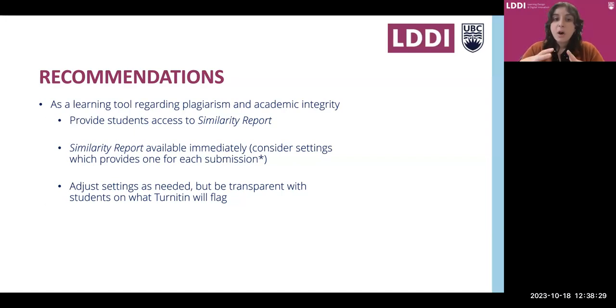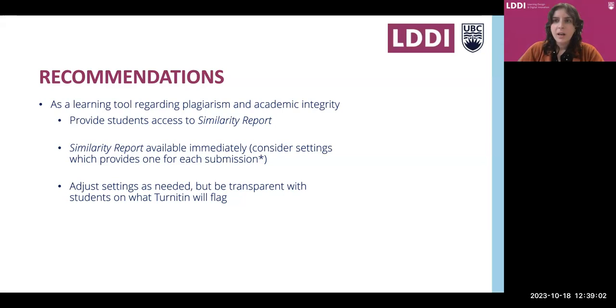That being said, enabling the second option, which is to generate a new similarity report for each resubmission, overwrites and removes the previously generated report. So just be mindful that if you need access to that initial similarity report, for example in an issue of academic misconduct, rather than setting it so they can resubmit and generate multiple reports, make it so that there are multiple assignments.